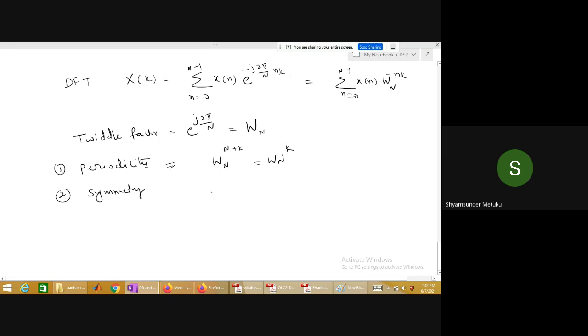This is called periodicity. Symmetry is nothing but, if you add half of the period, it is equal to minus of that. Is it okay? Try to remember these two.